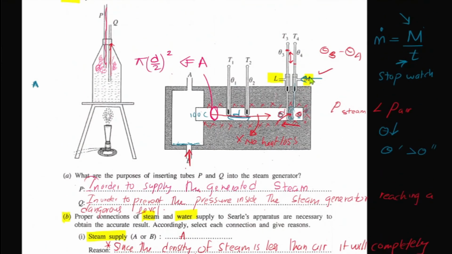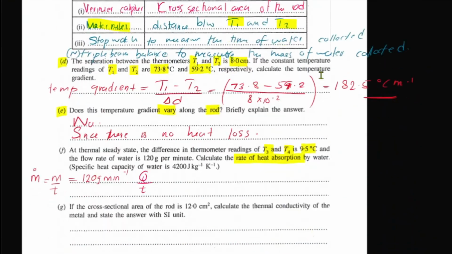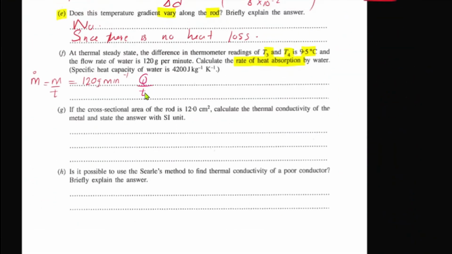The water column, when you send it through, is going to absorb heat from the rod. Let us assume the heat absorbed from the rod is Q, and the rate of heat absorbed is Q over time.